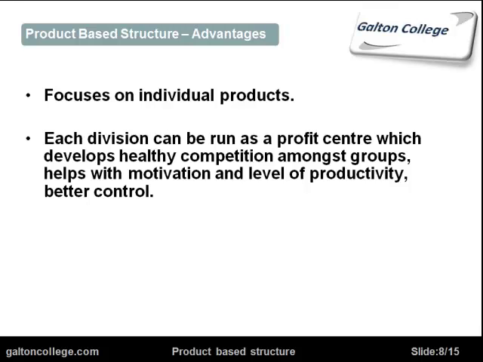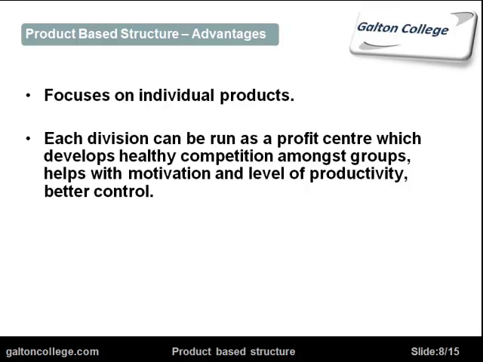So it can be run as a profit centre which develops healthy competition amongst the groups. Insofar as it's separate, it can engender its own motivational advantages. The workers relate to it. It's their company.